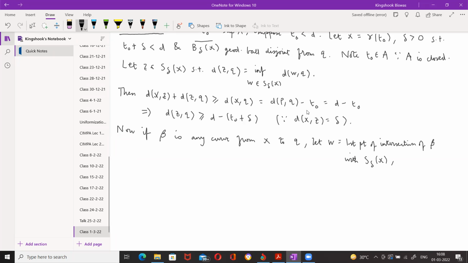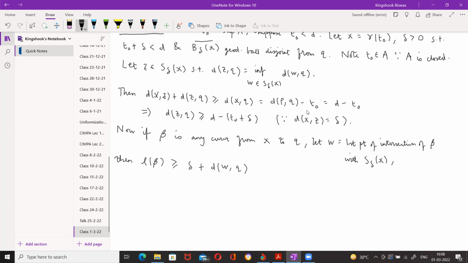Okay, then the length of beta is greater than or equal to the length of the initial segment from X to W, that is at least delta, plus the length of the segment from W to Q, that is greater than or equal to the distance from W to Q, right?